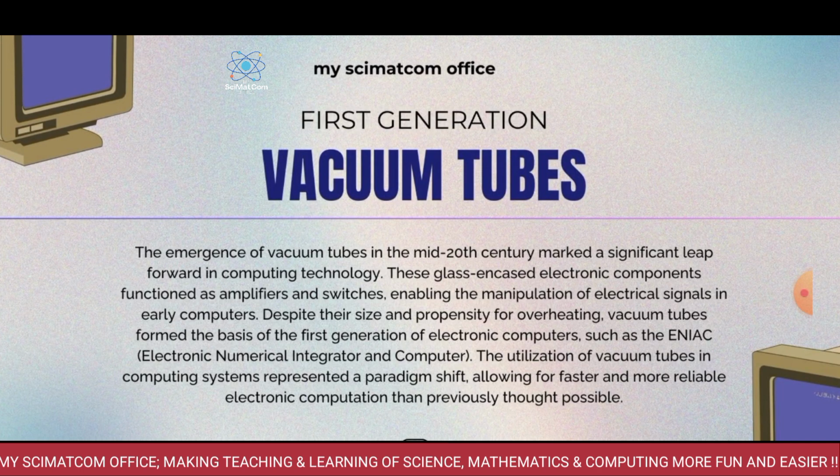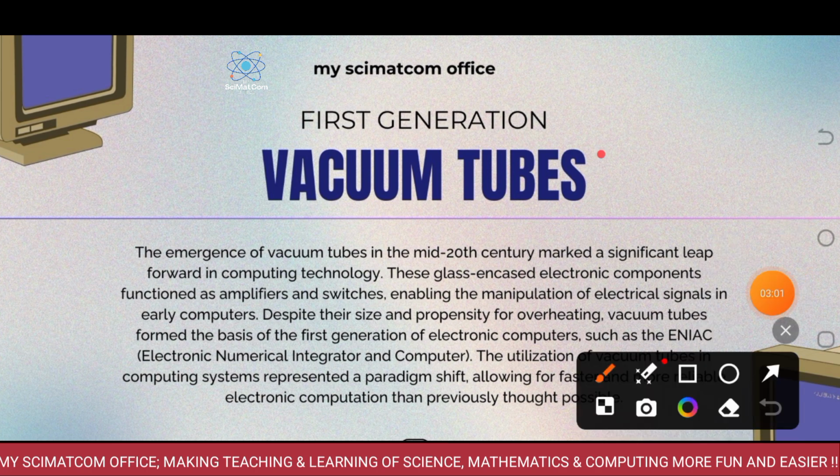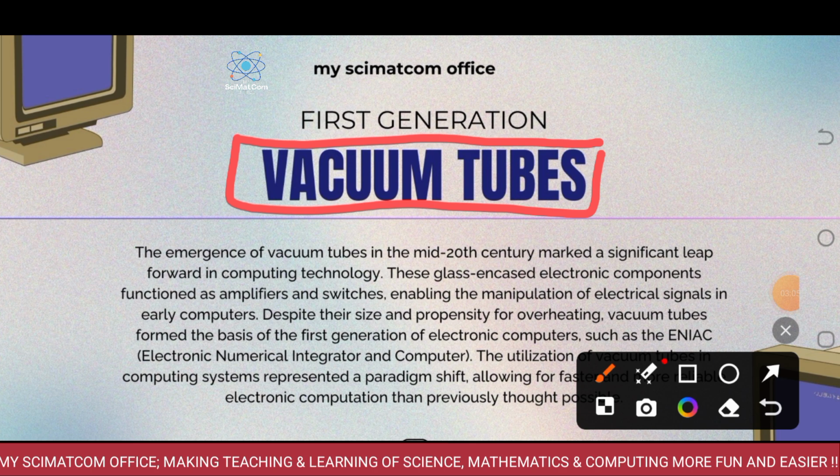The first computer that was made used what we call vacuum tubes. So the first generation computers used vacuum tubes. These tubes were from the mid 20th century, and it marked the beginning of computing.